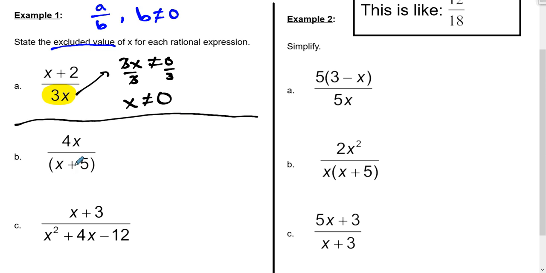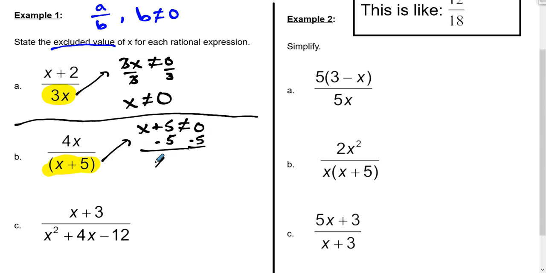If I take a look at the second part in example 1, we've got 4x divided by x plus 5. I'm trying to identify the excluded value. So let's identify what my denominator is. And once I've got that denominator, I really just want to make sure that it is not equal to 0. So x plus 5 should not be equal to 0. So I'm going to algebraically subtract a 5 from each side.